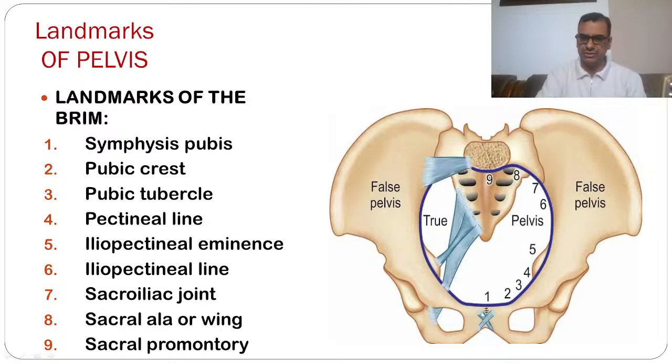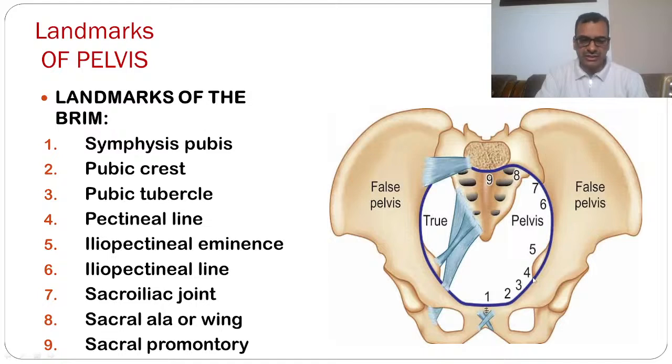The symphysis pubis is anterior, where the pubic bones meet, the joint of both pubic bones. Then the pubic crest. Here there is a slight projection of the pubic bone, that is known as the pubic crest. Then the pubic tubercle. The crest is an elevated line, and the tubercle is a small projection. Then there will be the pectineal line.